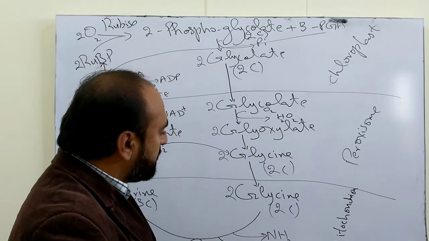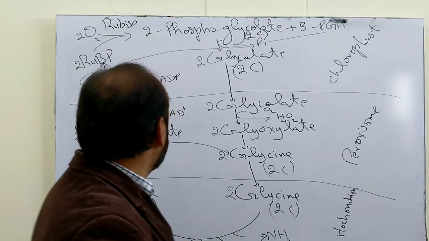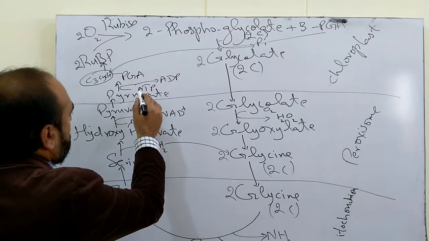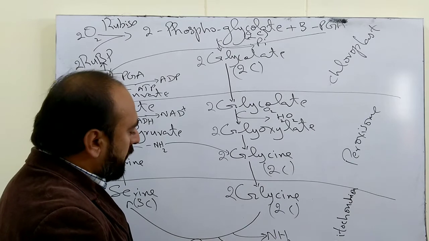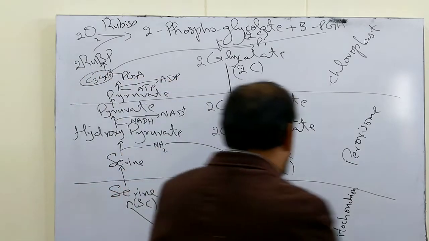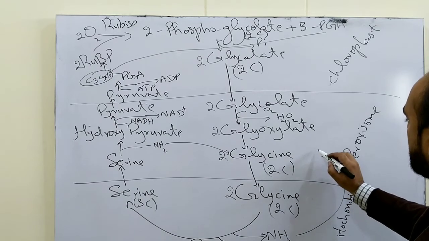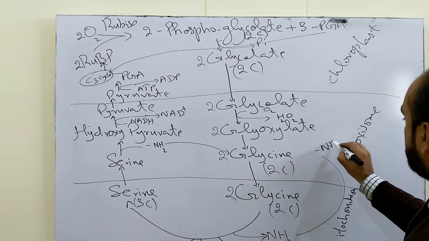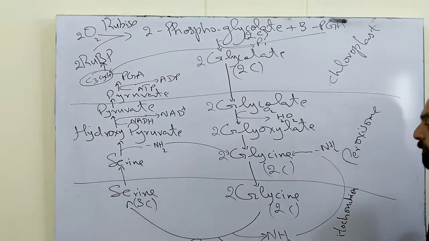But there is some additional cost involved. 2 additional ATP are required for this process. 1 ATP to convert glycerate to phosphoglyceric acid, and 1 ATP for reassimilation of this ammonia, which is reassimilated by the enzymes of the glutamate synthase cycle.